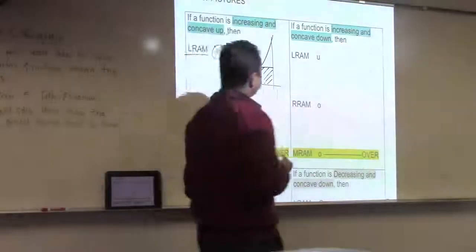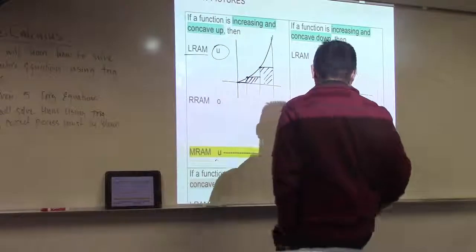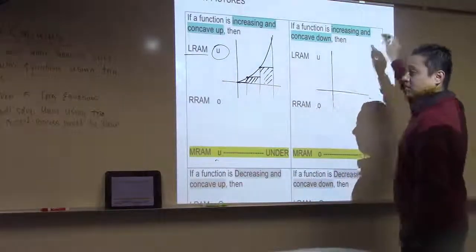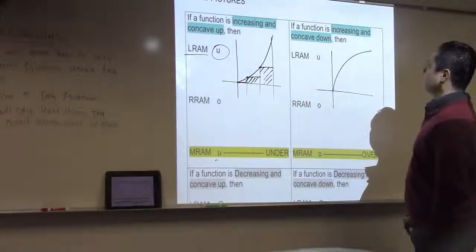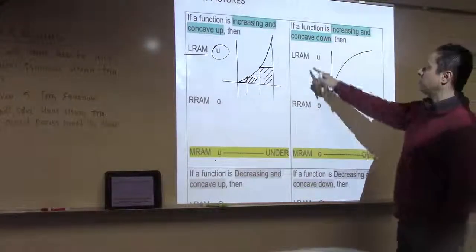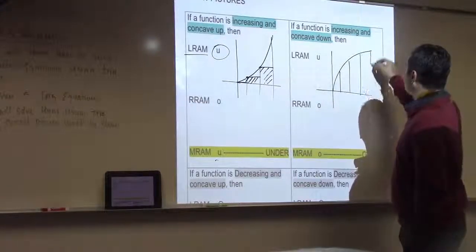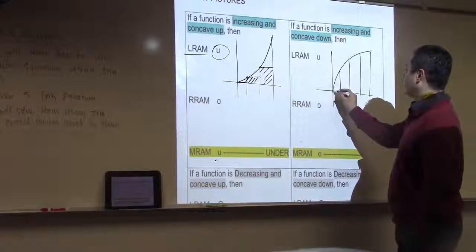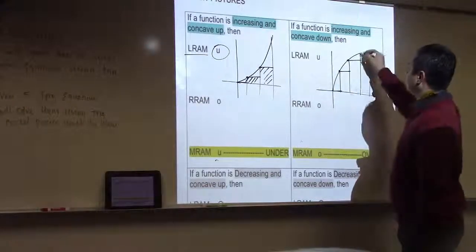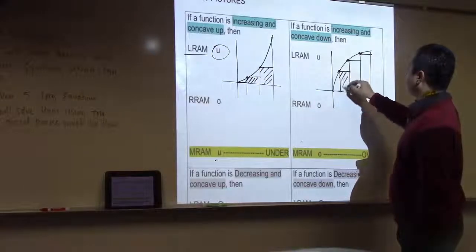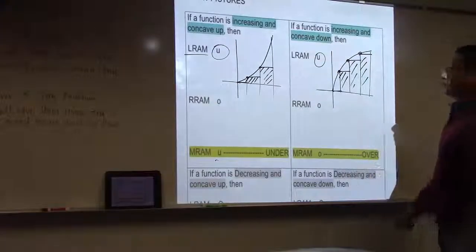Let's try one more. Increasing and concave down. Now, increasing, right? Concave down, and then, all right, so here we are. They want me to use Lram. So Lram, dots on the left side. You can see that this is an under approximation.